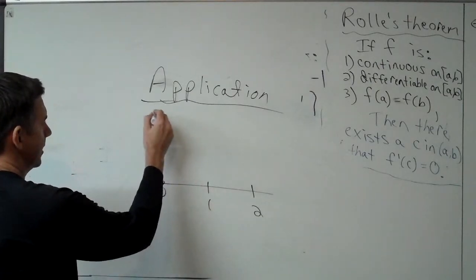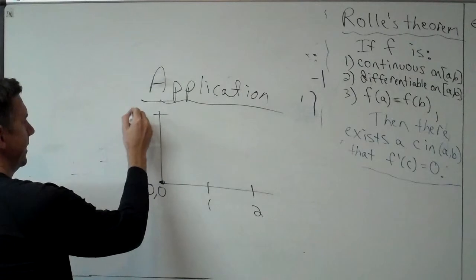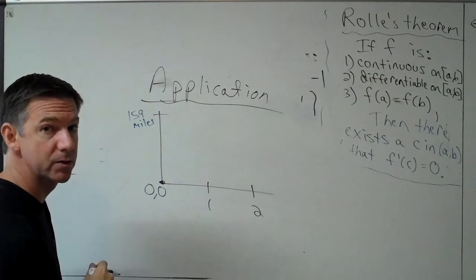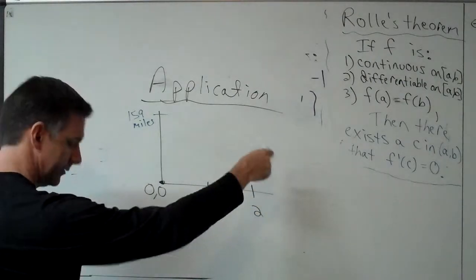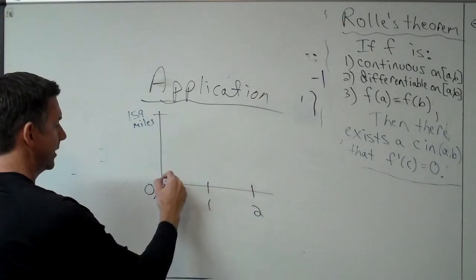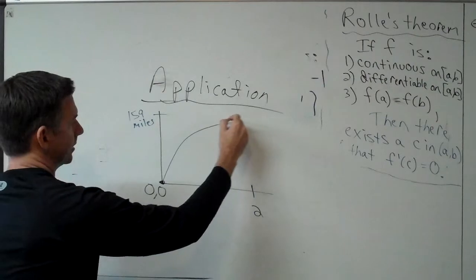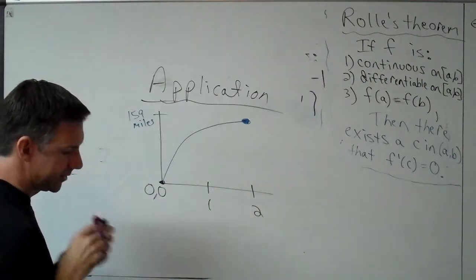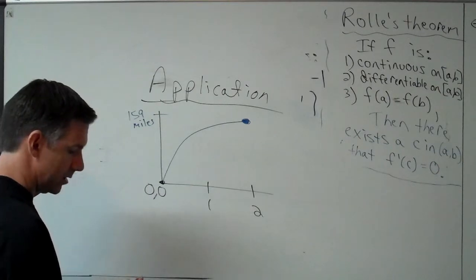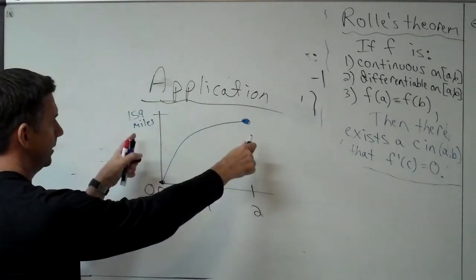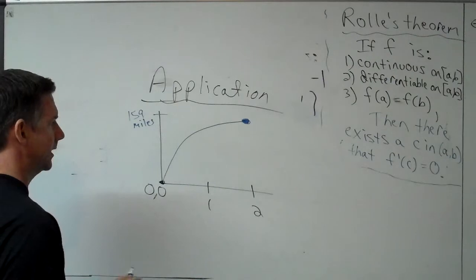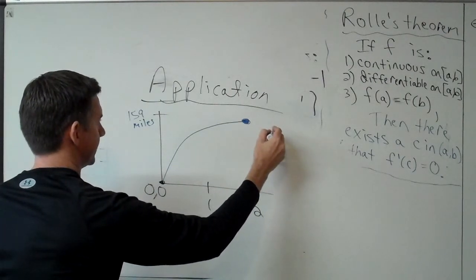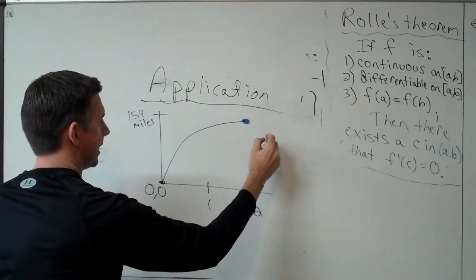So they know that in 2 hours, let's say he covered 159 miles. There were 159 miles separating the toll booths. So in 2 hours, he was able to cover that distance. Who knows how he did it? His graph might look something like this. They hand him the ticket because they know his average speed. You guys know your basic distance equals rate times time.